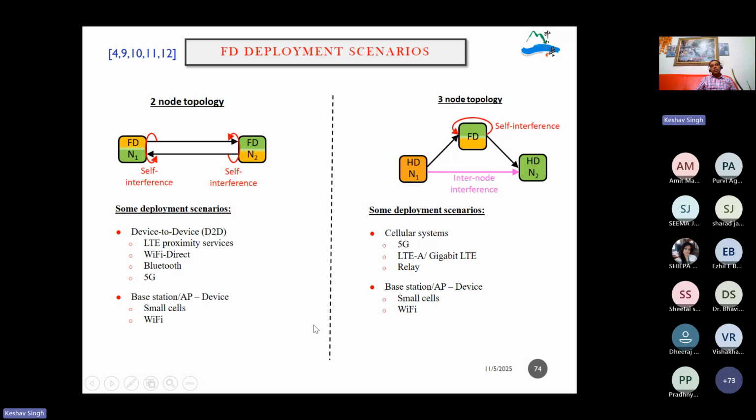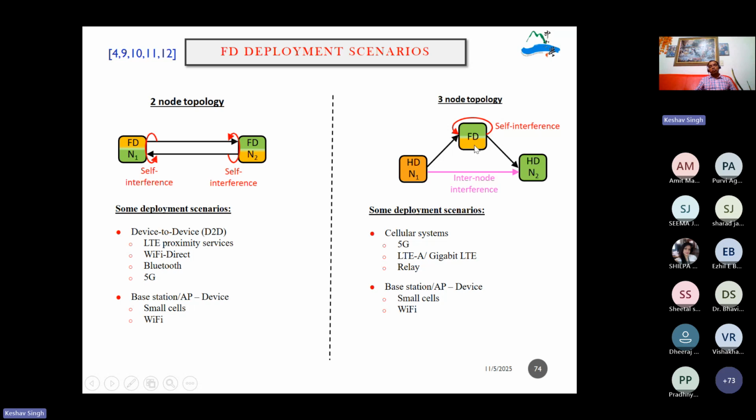Another one is a three node topology where this full duplex node could be a full duplex access point, or simply a full duplex node in case of device to device communication, and there could be half duplex nodes. One will upload the data, another will download. I mean this N1 is communicating with this full duplex node, and the full duplex node is communicating with N2.